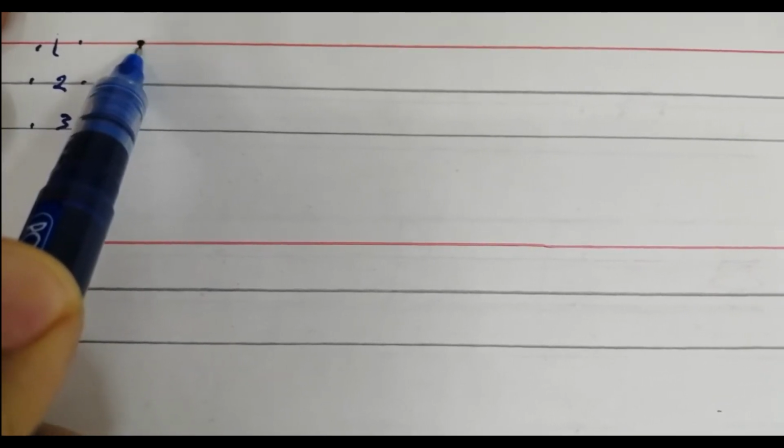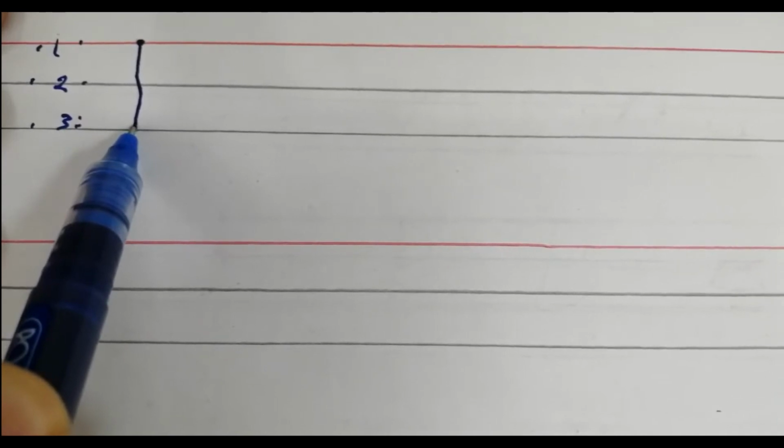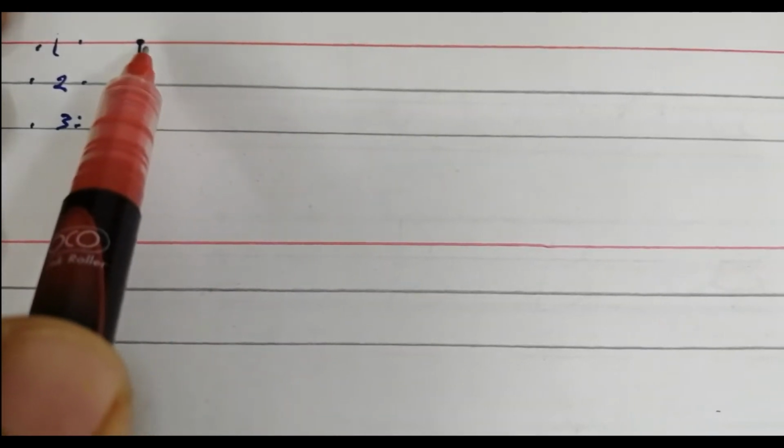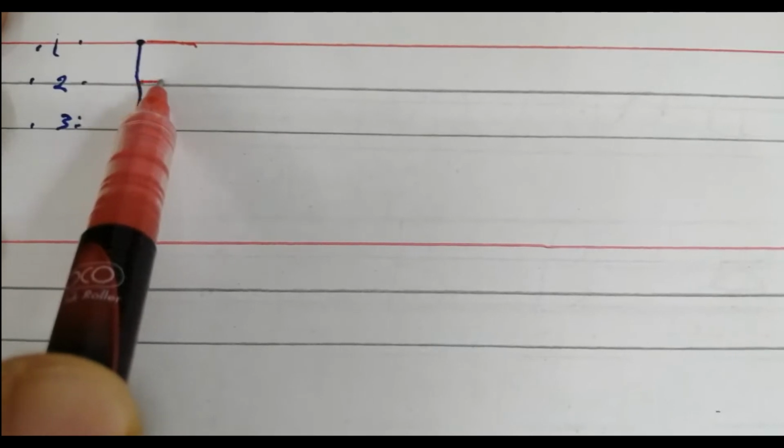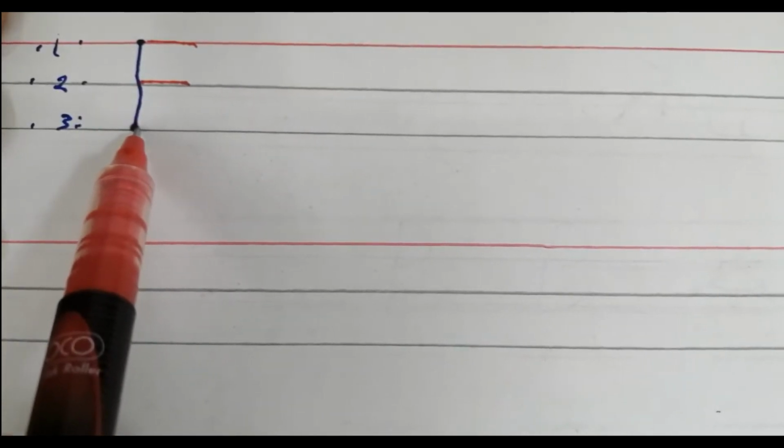Now E, how to write E? We start from line number 1 to line number 3. Okay, and a sleeping line on line number 1, and a sleeping line on line number 2, a sleeping line on line number 3.